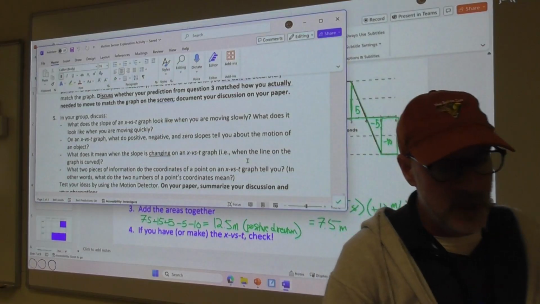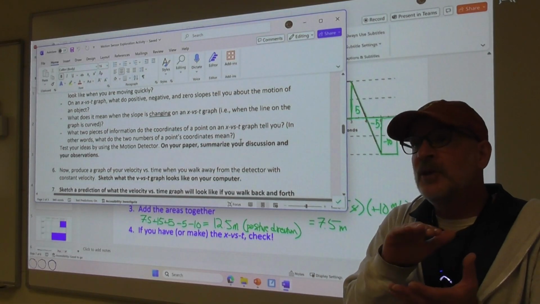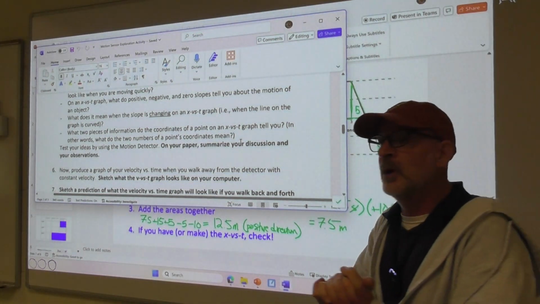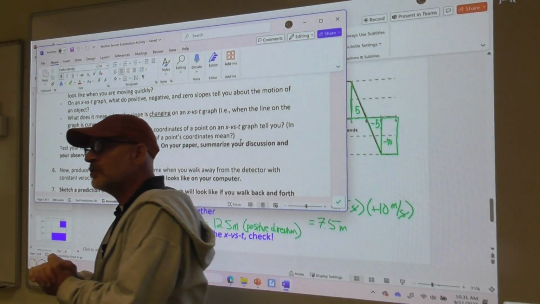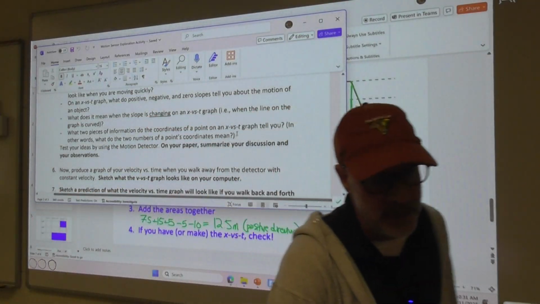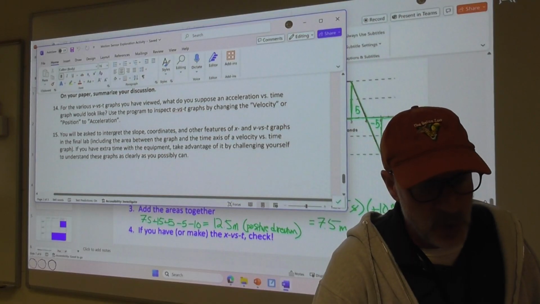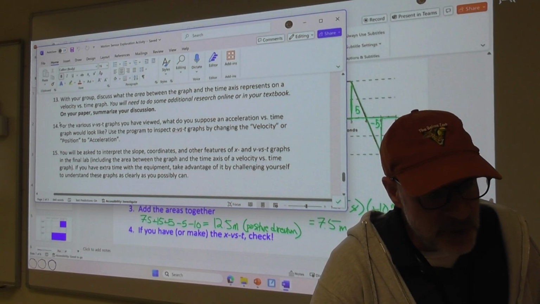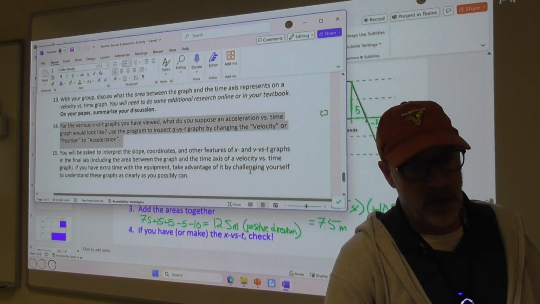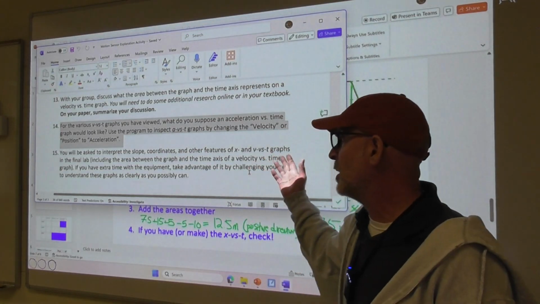And then if you get all of that done, then your next step is to do what I've been suggesting that you do, which is to really try to challenge yourself. Ask yourself questions. I gave you some examples on here. Like, for example, what do you suppose an acceleration versus time graph would look like? You can play around with those. We haven't talked about them yet, but you can certainly play around with them.